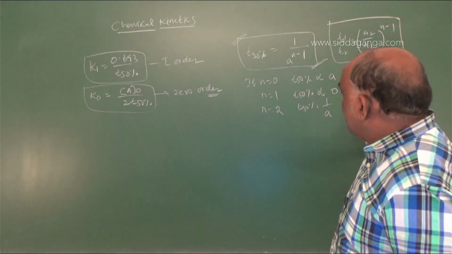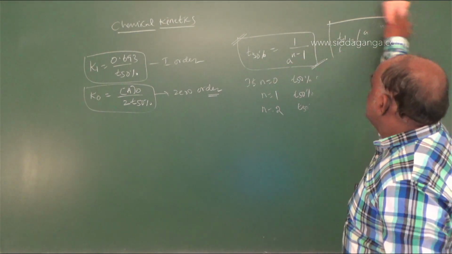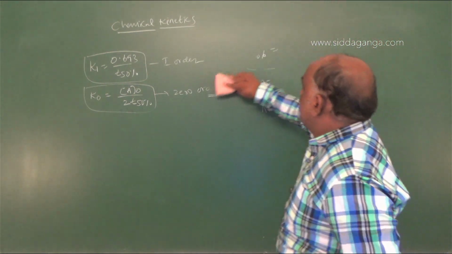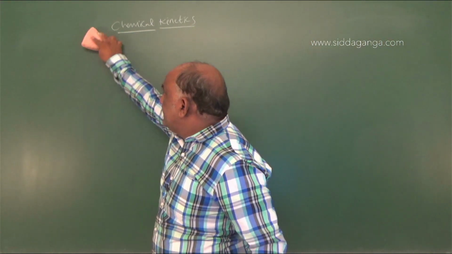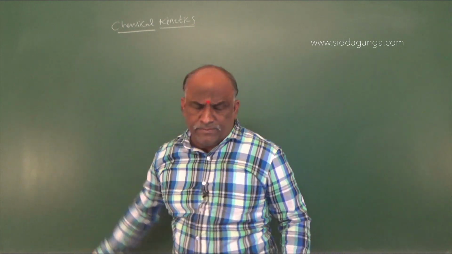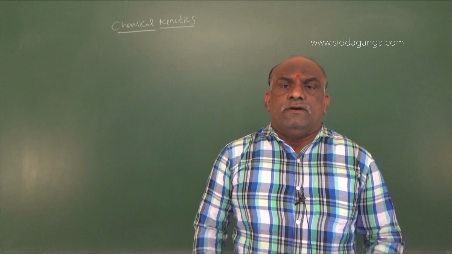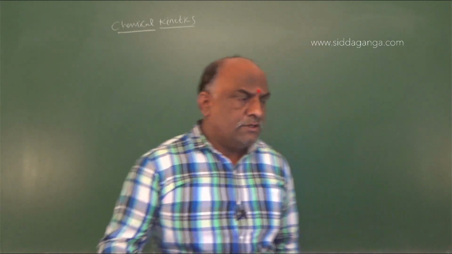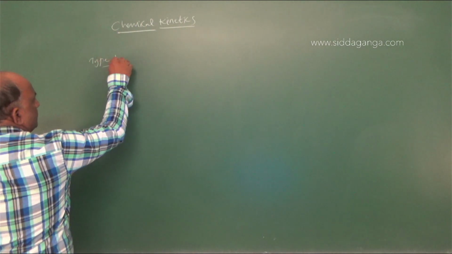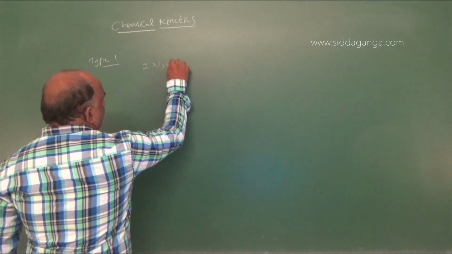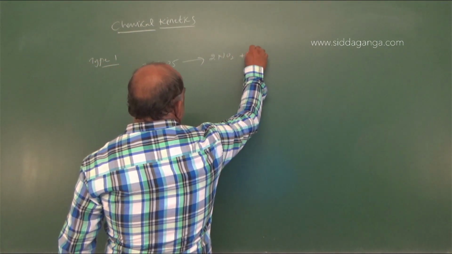Different types of numericals have to be solved. In the last class we did some types of numericals, now we will discuss more. Suppose, type 1: 2N2O5 gives rise to 2NO2 plus O2.